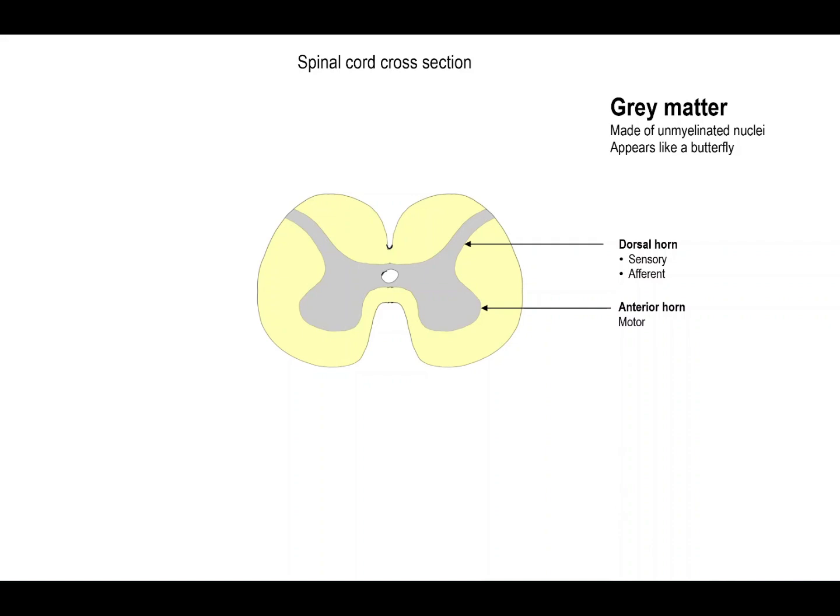So it's strictly motor. Think of efferent as exiting. Neurons will exit out of the anterior horn and go supply your muscles. It's purely motor. It's efferent, you can think of it as execute, in terms of execution.